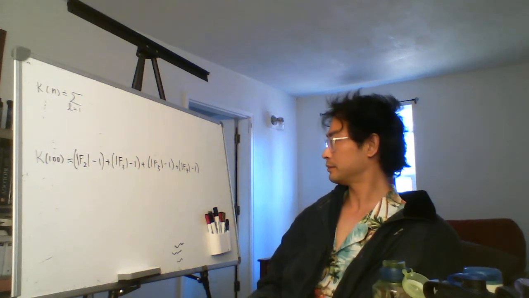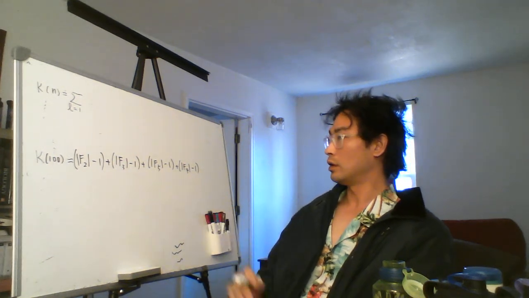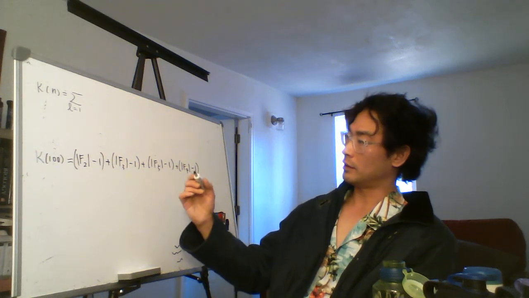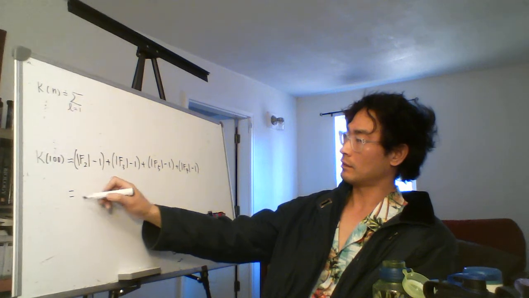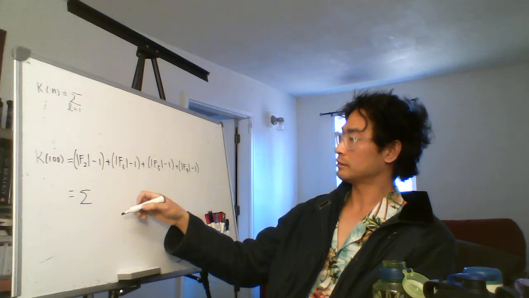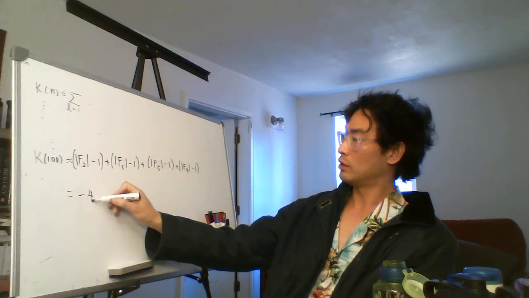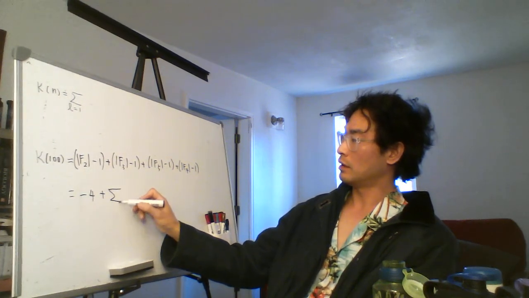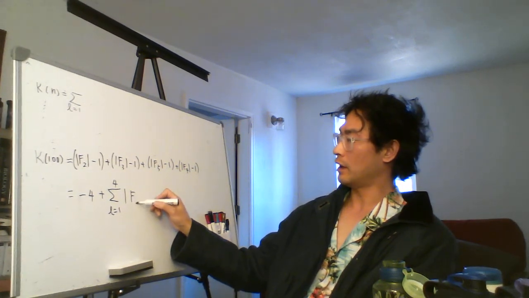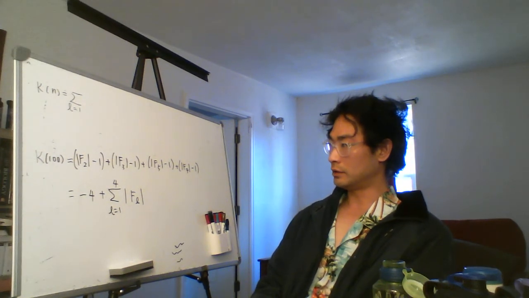So this is like 1, 2, 3, 4. So that's pi of 10, right? So minus 4 plus sigma L from 1 to 4 of F L. That's the prime counting function.